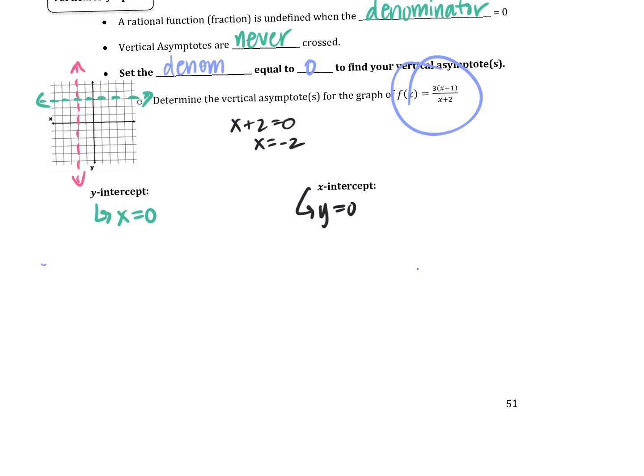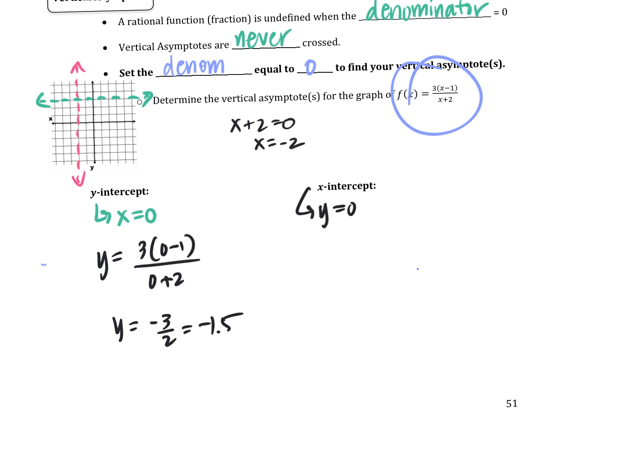So if my function was this, and I plug in a 0 for my x, that would get me my y-intercept. So y equals 3 times 0 minus 1 over 0 plus 2. What's my y-intercept going to be? Negative 3 over 2, which is the same as negative 1.5.